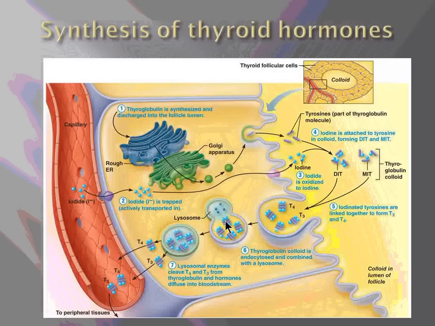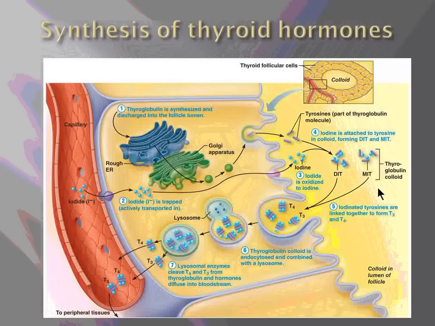There in the lysosome, T3 and T4 are cleaved from the rest of the thyroglobulin. Then T3 and T4 are pushed into the bloodstream and travel to the target organs, where T4 will lose one iodine molecule and get converted to T3 because that is more active. So can you see it has to occur in this roundabout manner, and the combination is done in the colloid.